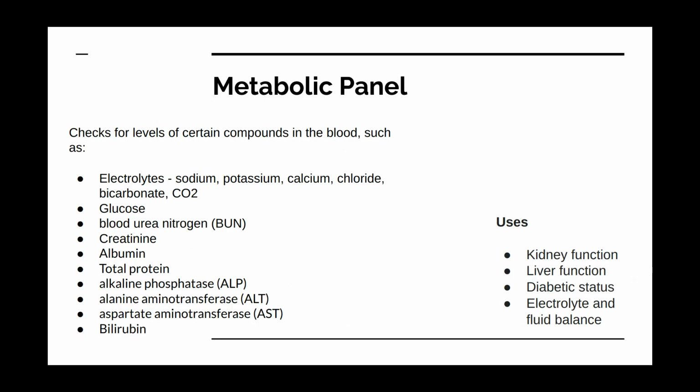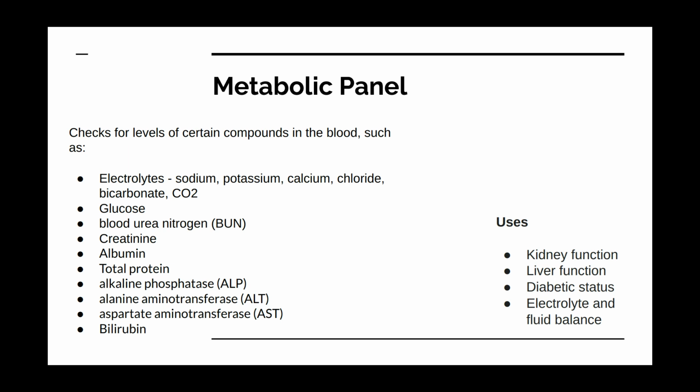The metabolic panel checks for levels of certain compounds in blood, and we can assess the functioning of the kidney and the liver using these levels. So kidney function can be assessed by the blood urea nitrogen and the creatinine levels. Increase in these levels would indicate a dysfunction of the kidney.